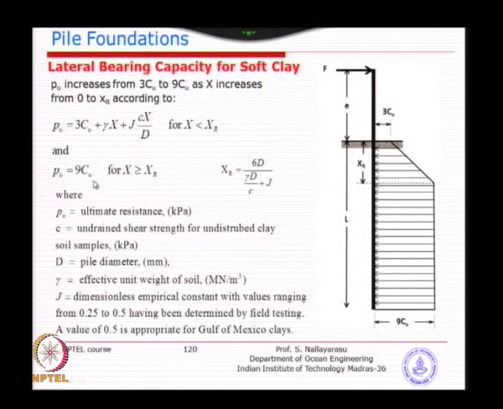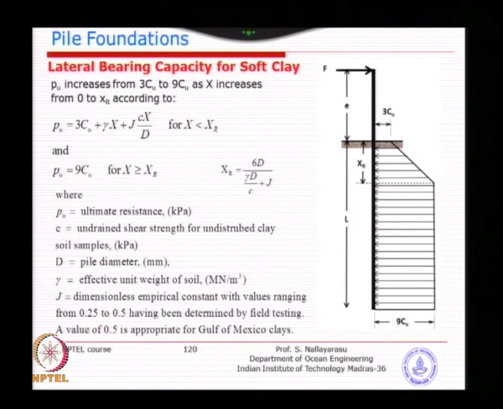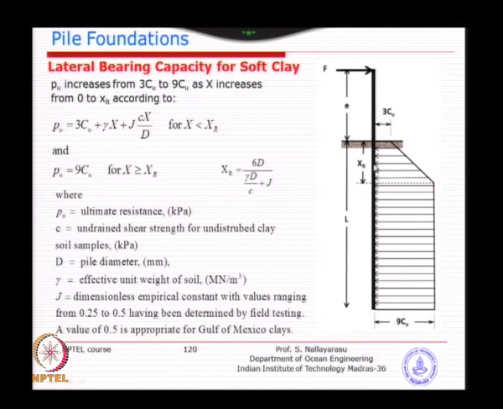calculated using this formula. Suppose I want to develop a p-y graph at some depth here, we need to find out what the value of Pu is. First you have to find out the value of XR, then substitute back here. Once you find the XR, you know which formula to use, whether this one or this one, because if it is below XR, then it will be 9 times Cu.